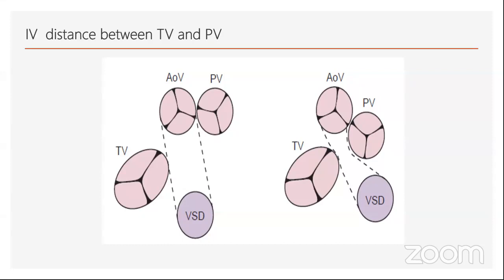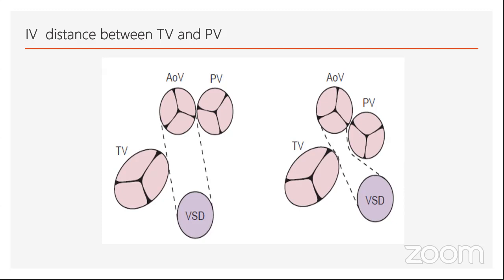TGA. And then, the conal septum is the septum which separates the entry into the aortic root and the entry into the pulmonary root, and it can be quite prominent in this pathway. So this can obstruct the pathway from the VSD to either great vessel, and in these cases we might need to resect some part of this conal septum.